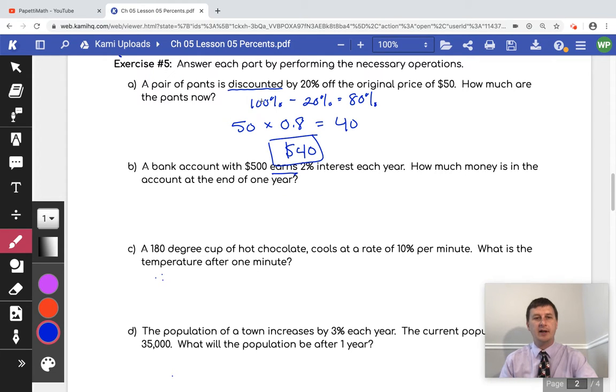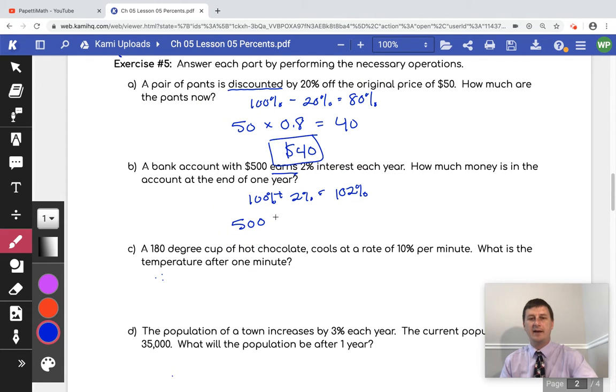The same way we figured out part A, but instead of subtracting that 20%, we're going to be adding 2%. So we have this 100% original amount of $500, and we're going to add to it 2%. So 100% plus 2% is going to give us 102%, which as a decimal is 1.02.